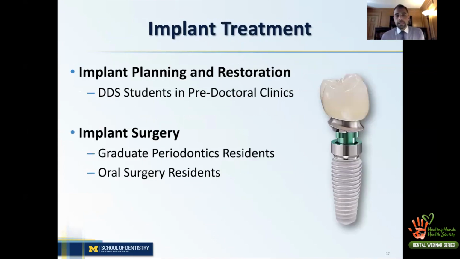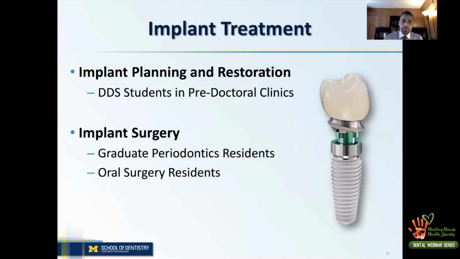The implant planning and restoration is done by our DDS students, by our dental students in the pre-doctoral clinics. So patients seen by the dental student, they plan everything. They decide if this would be a proper implant case. They do the planning, take x-rays, make a surgical guide, and then the implant surgery itself is done by either our periodontics residents or oral surgery residents.